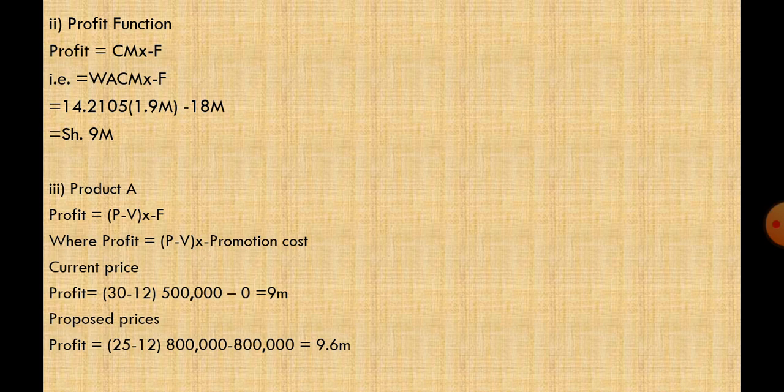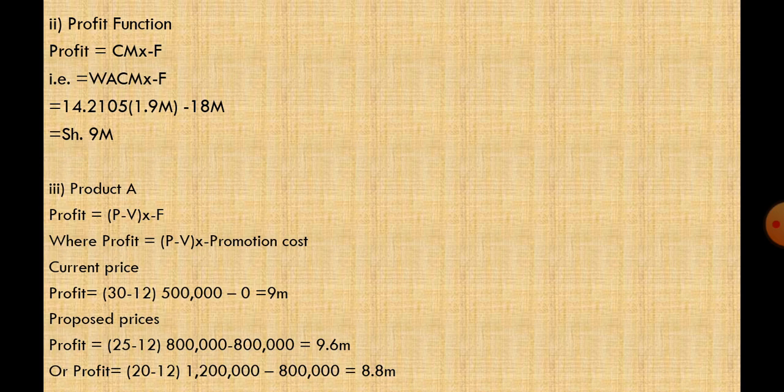Let us see now, in case the price changes to shillings 20. The selling price is 20 minus the variable cost of 12, and now the units that will be sold are 1.2 million, but the promotion cost still holds at 800,000. You find that the profit that you're going to make there is 8.8 million.